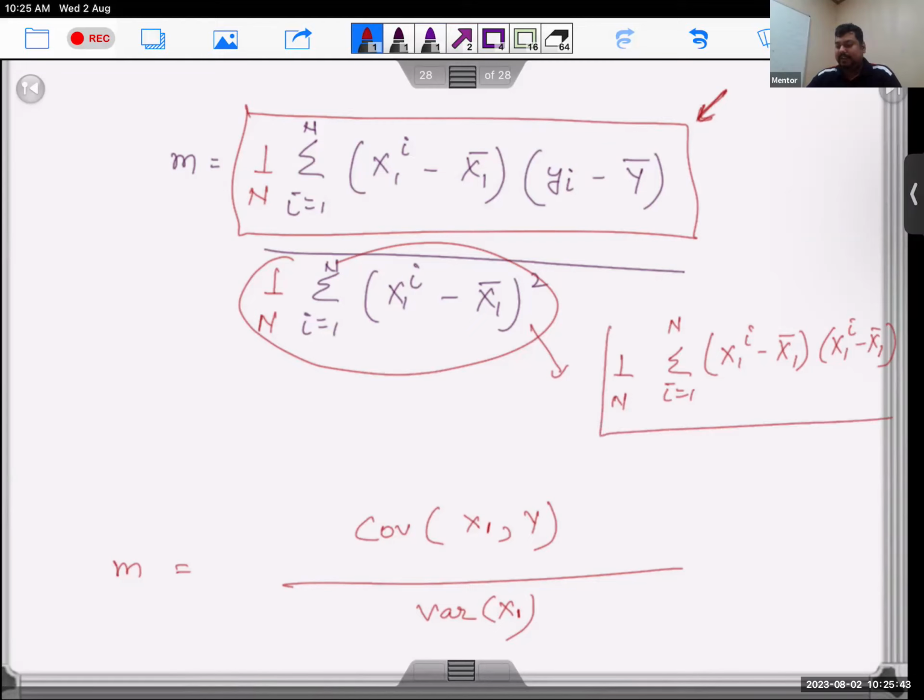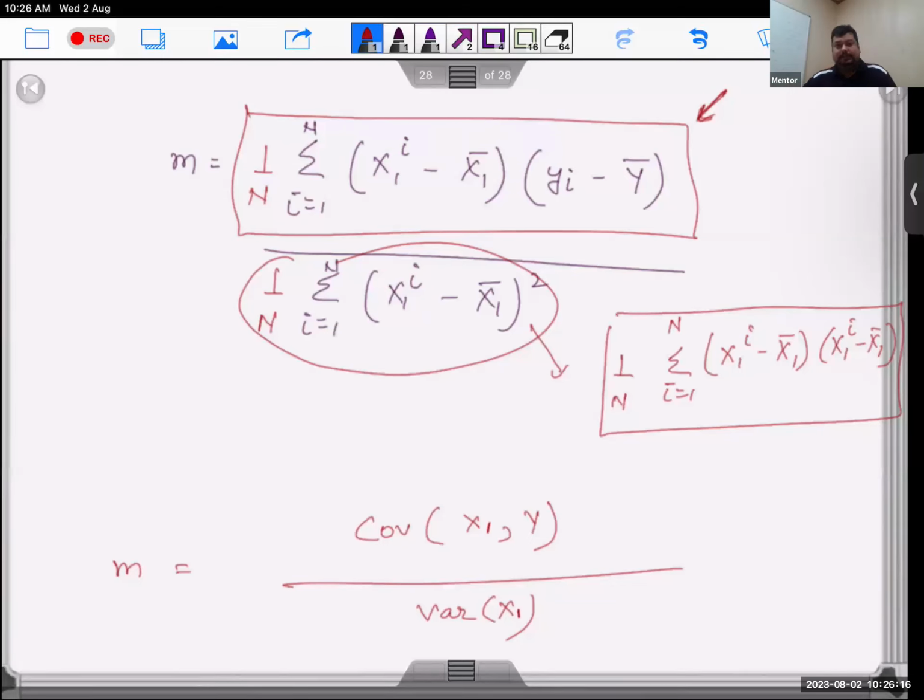So when I'm computing variance, I'm looking at how much is the deviation from the mean, with respect to myself, and I'm squaring it up. Covariance is nothing but variance, but computed for two different variables, x1 and y. There's a special name for it, covariance. You're looking at how one variable varies with respect to the other. Variance is with respect to itself.